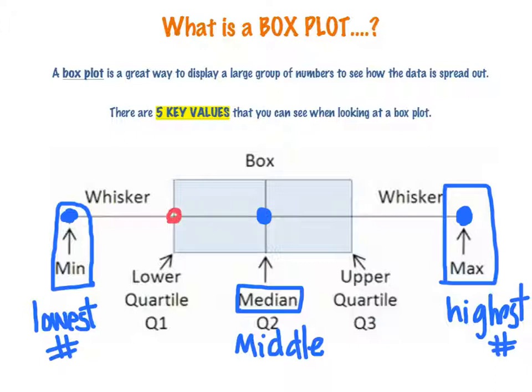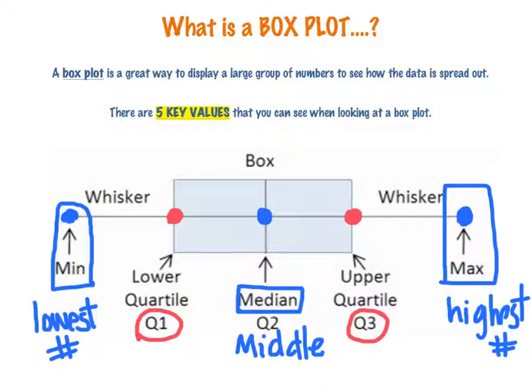So right where the box starts on the left, this is called Q1, or it's where the lower quartile is. I know that may be a new name for you, lower quartile, but that is what this part of the box represents. The other end of the box would be your 5th number, and it is called Q3, or sometimes it's referred to as the upper quartile.